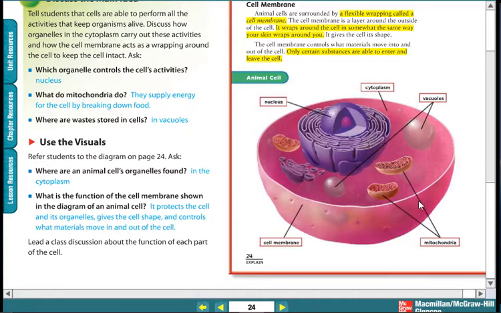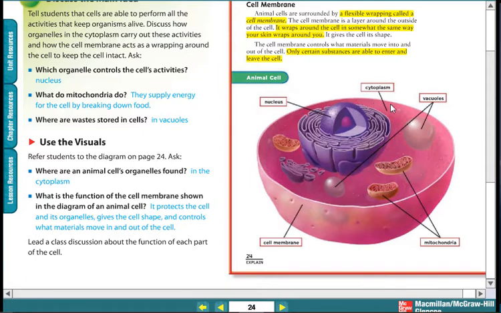If we look at the cell membrane, it controls what materials move into or out of the cell. Only certain substances are able to enter and leave the cell.